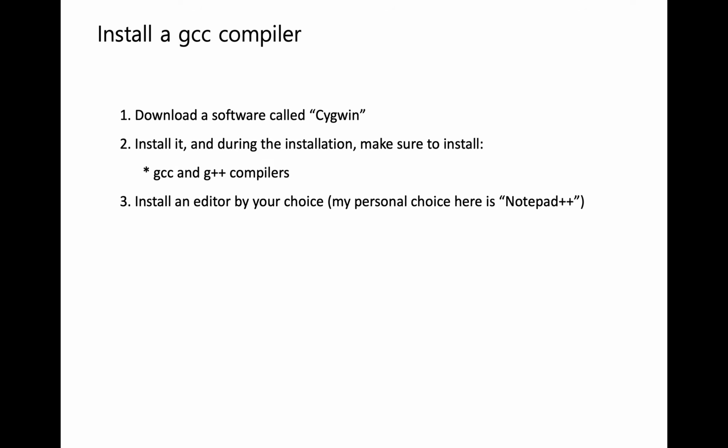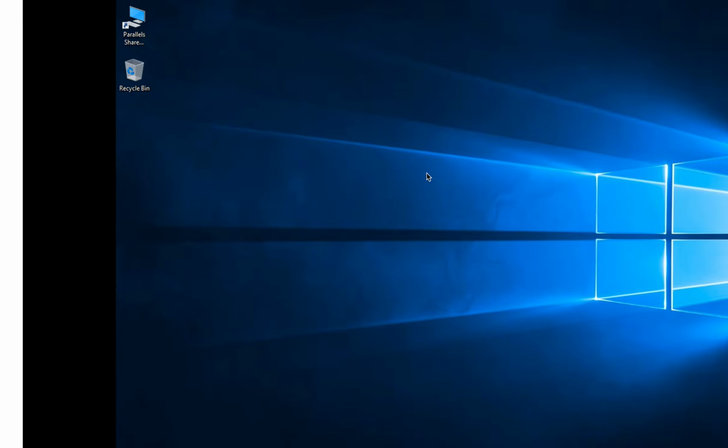But anyway, if you want to understand the code and play with it, then you will need to install an editor, because it's difficult to write code in Notepad. So my personal choice is Notepad++, because it gives you highlights. Oh, let's just stop advertising and try to install the software, CYGWin.